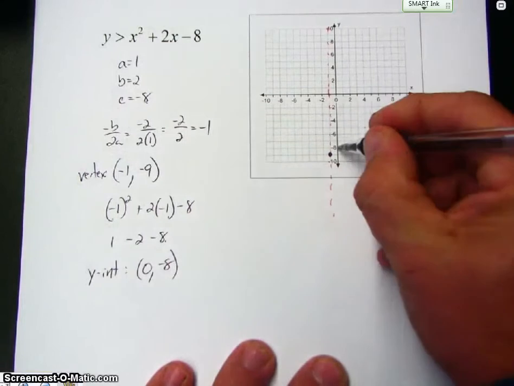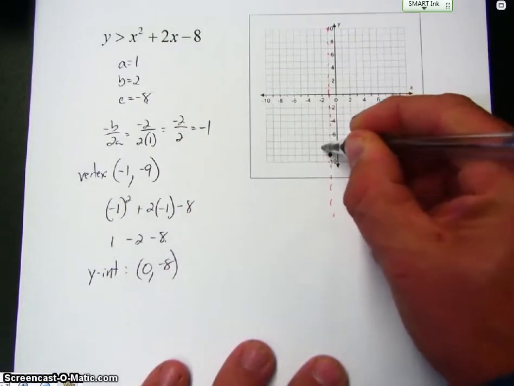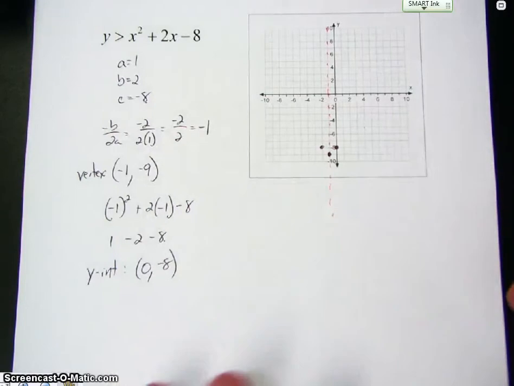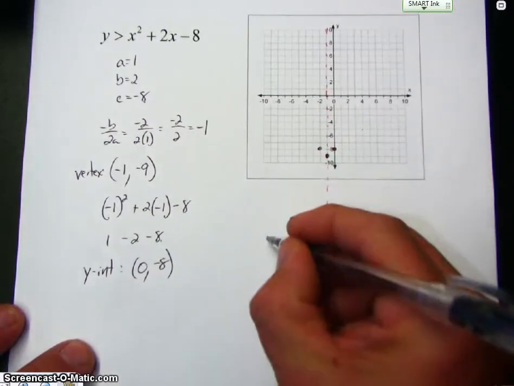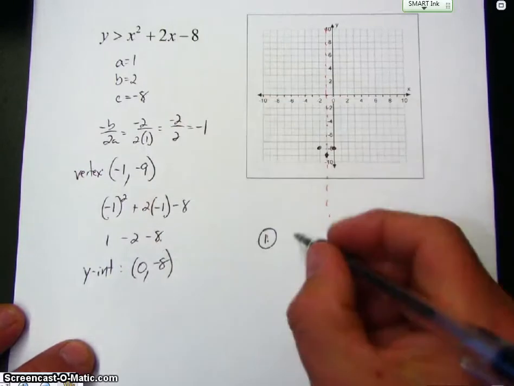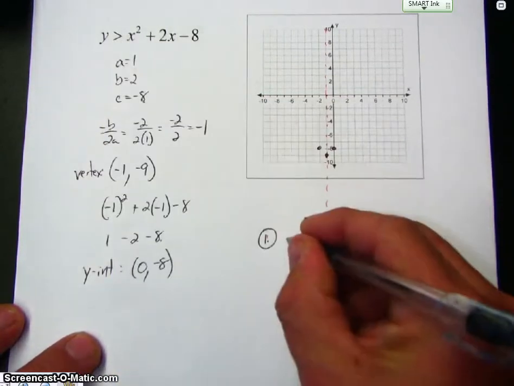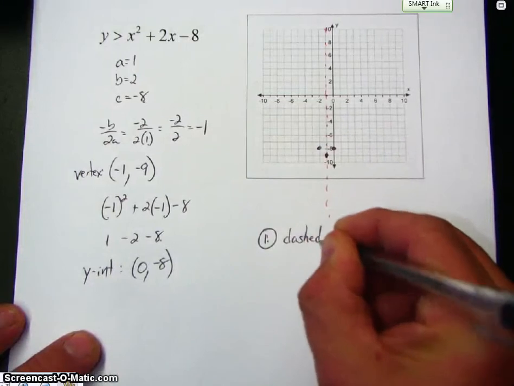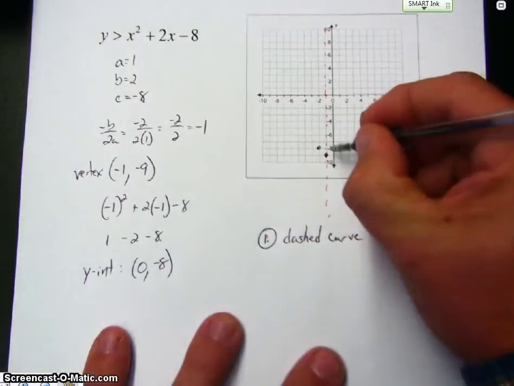So 0, negative 8, and I reflect it. So there's distance 1, so distance of 1. Now, part 1. Okay. It is greater than, there's no equals, so that means it's a dashed curve or dotted curve, whatever you want to say it. Okay.